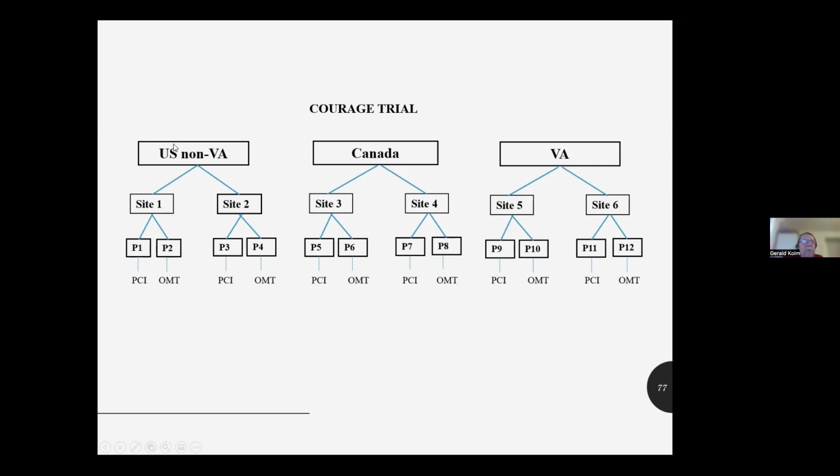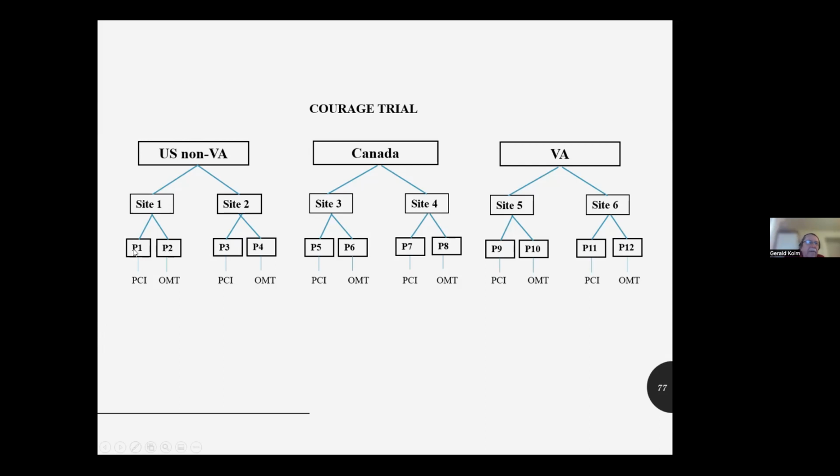And so these are all random effects, because obviously we're not getting all US hospitals or all Canadian hospitals. These sites are also a random effect, but the treatment group is a fixed effect, because what our interest is in is comparing PCI versus OMT.